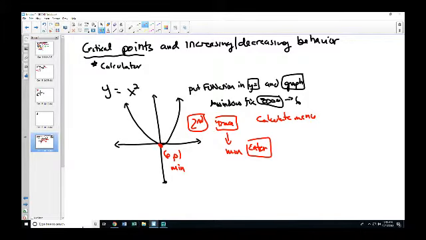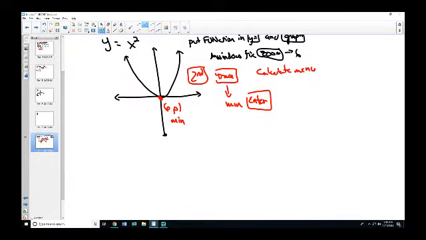Okay. You will see the bottom of the screen says left bound, correct? Okay. Put your cursor, like the blinking cursor, use your left and right arrows to put your cursor on the left side of where you think the min is. So just key over there with your arrow keys.